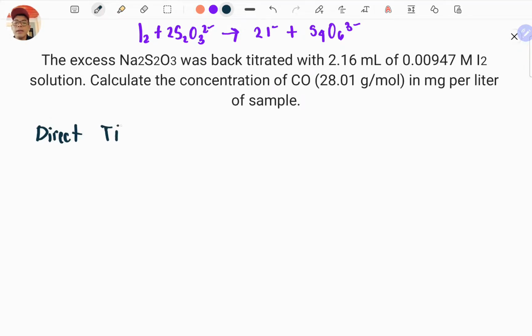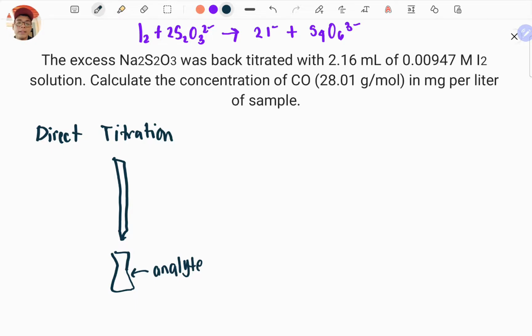Again, if you remember, whatever was titrated, whatever was in the Erlenmeyer flask, already contained the analyte. So the titration results could be immediately used to calculate the concentration of the analyte.